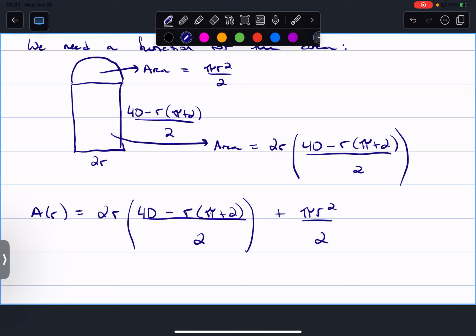Can't decide if I should cancel this 2 or use this 2 to combine like terms. It's not obvious to me which one is going to make things better. I can't do both, because there's no 2 to cancel with here. So that's too bad.